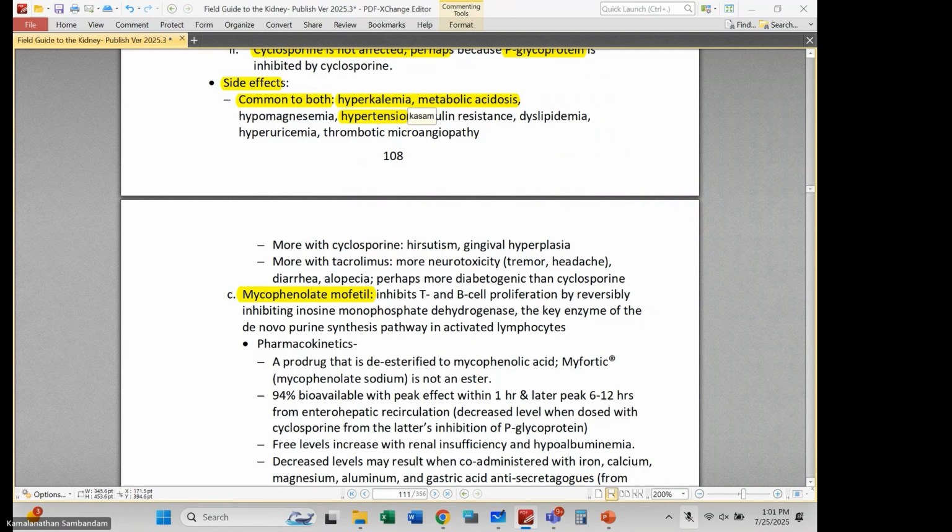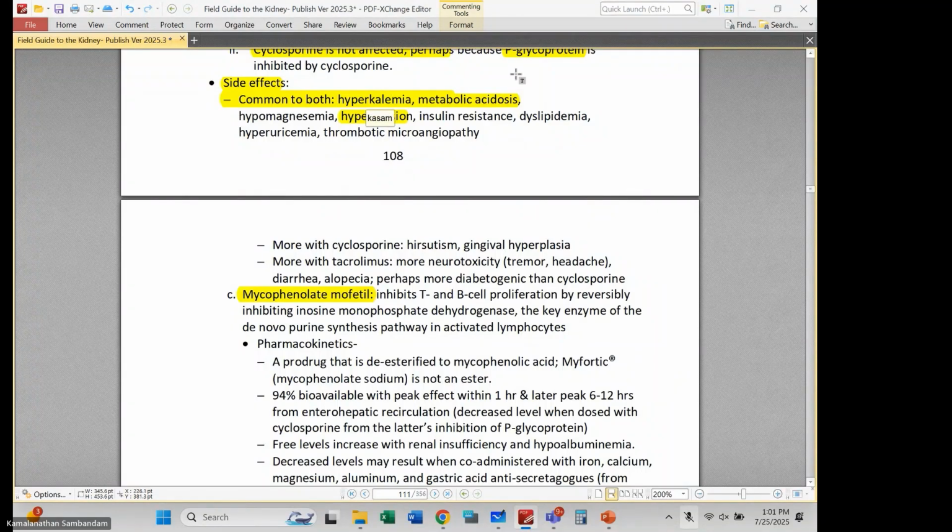All right, side effects which are common to both cyclosporin and tacrolimus are features of pseudohypoaldosteronism, or Gordon syndrome is the eponym for that, okay? And once again, when we talk about dyskalemias, we'll revisit the role of calcineurin on potassium transport, acid transport, and sodium transport, okay?